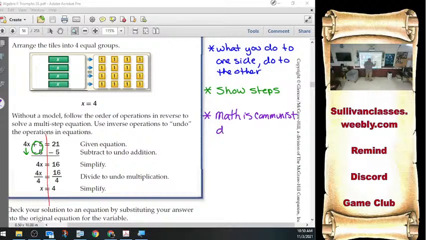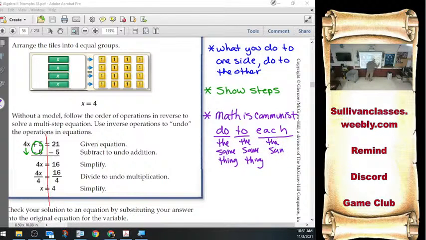You have to do to each the same thing. Here's what I mean.